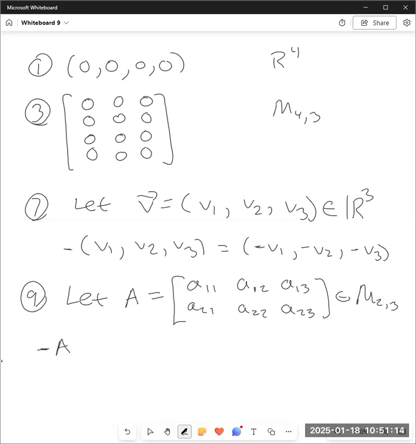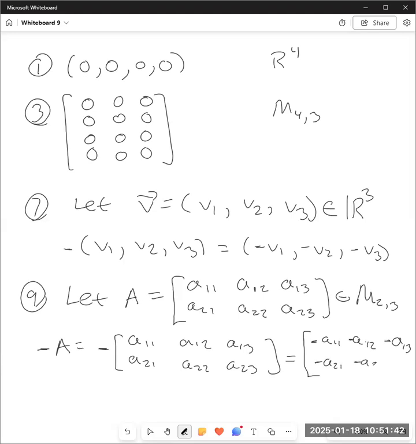The opposite of A equals the opposite of A11, A12, A13, A21, A22, A23. By properties of matrices, we distribute that negative inside of everything. And that's it for that one.